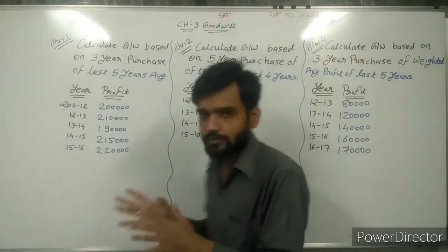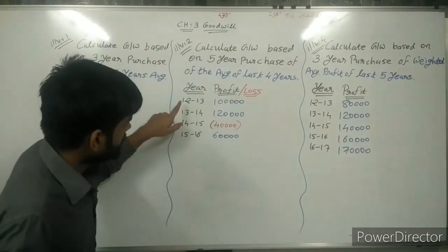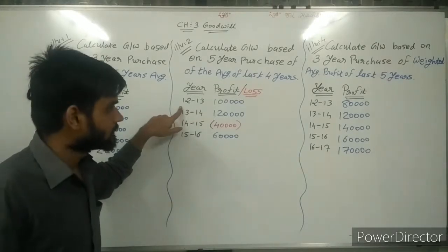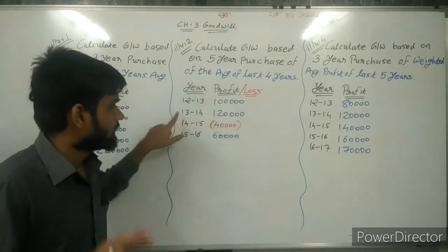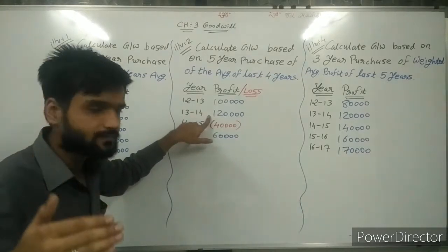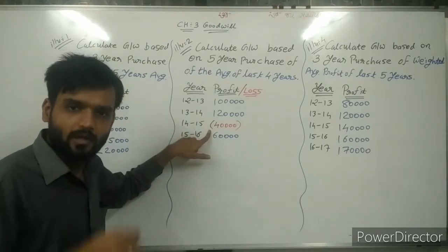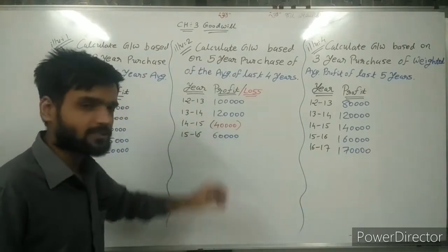Now check the second situation. In the second sum, in 12-13, profit is 1 lakh rupees. In 13-14, profit 1 lakh 20,000, an increase. Then in 14-15, there is a loss of 40,000 rupees.